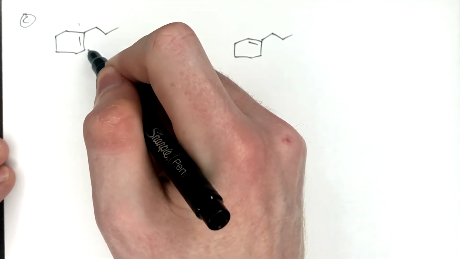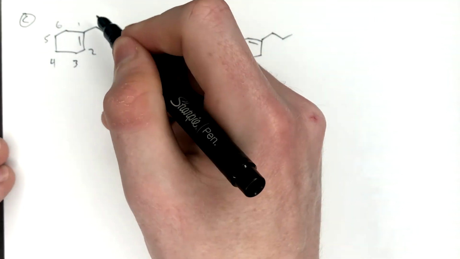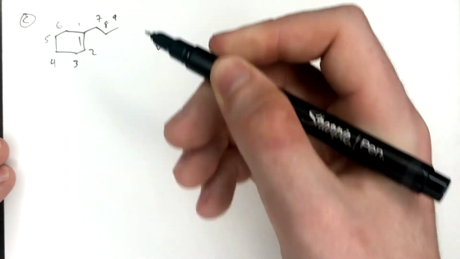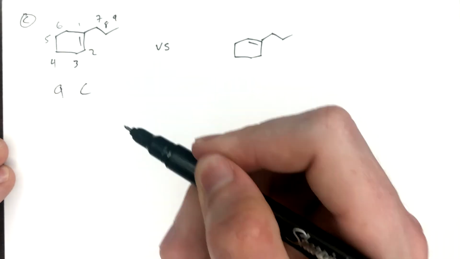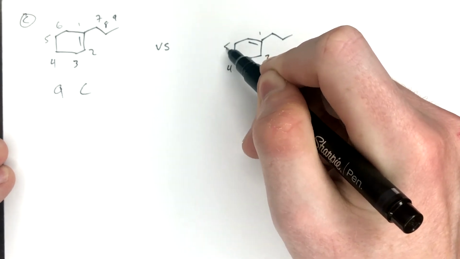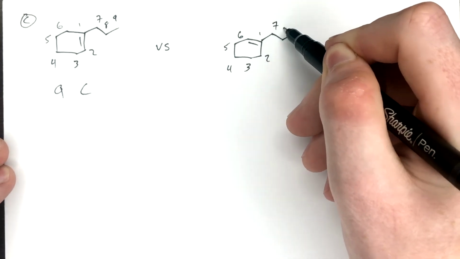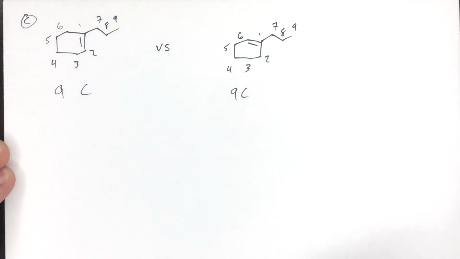So here we have 6 carbons in the ring, and then 3 carbons exocyclic, or outside of the ring. So 9 total carbons. Do the same thing over here. We count the carbons in the ring, that's 6, and then there's 3 exocyclic. So 9 carbons in both.